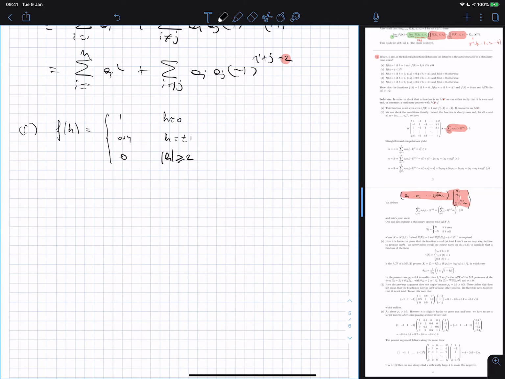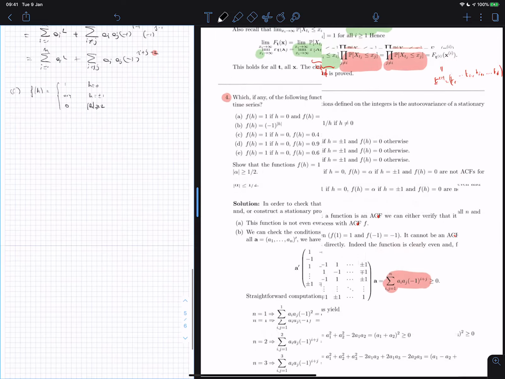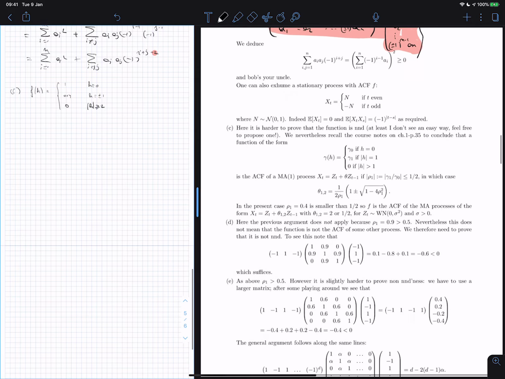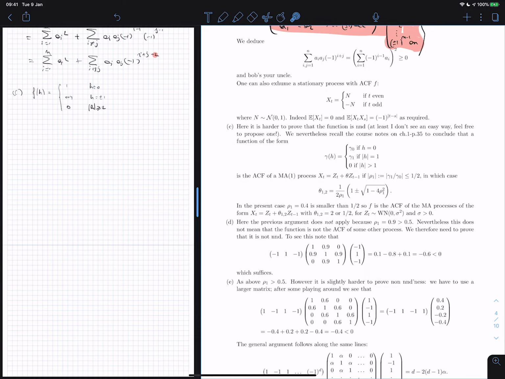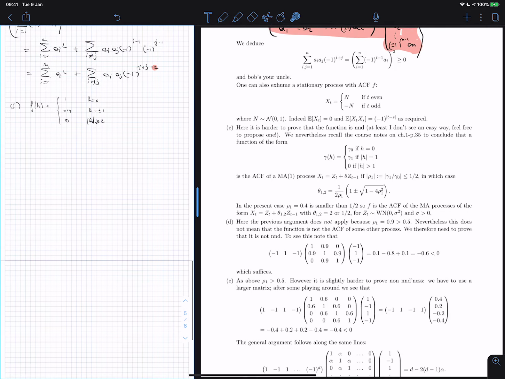Okay. So what I say is that I remember trying it out last year and I didn't find an easy way to show that this function was non-negative definite. So I didn't see any neat recursion. I saw nothing. So I wasn't able to do it directly.